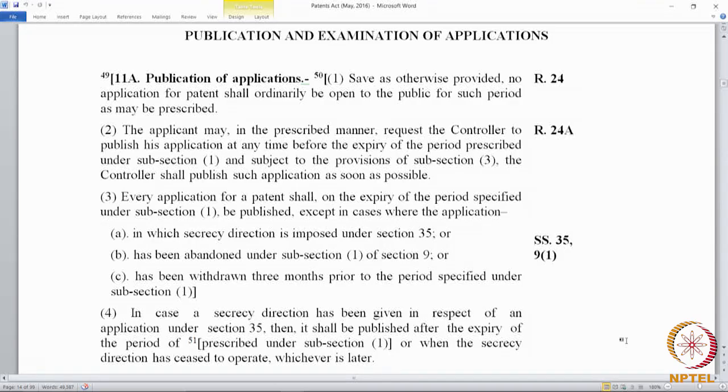A request for publication under subsection 2 of 11A shall be made in form 9. So, form 9 is the relevant form which has to be read in reference to 11A(2) and rule 24A.